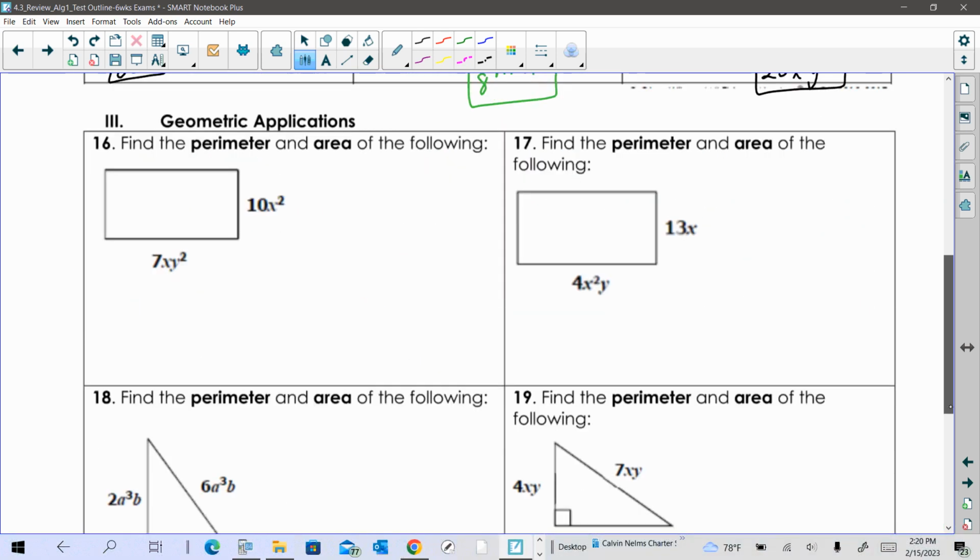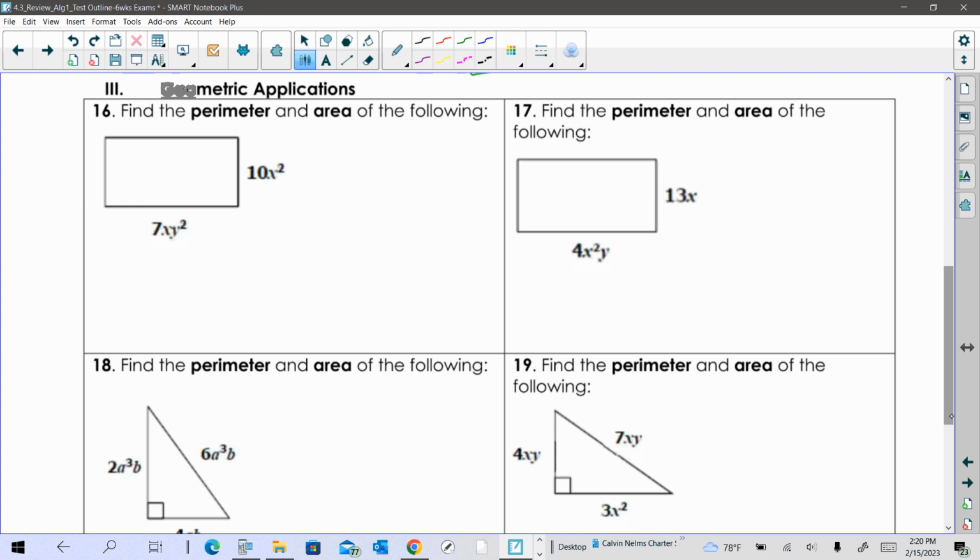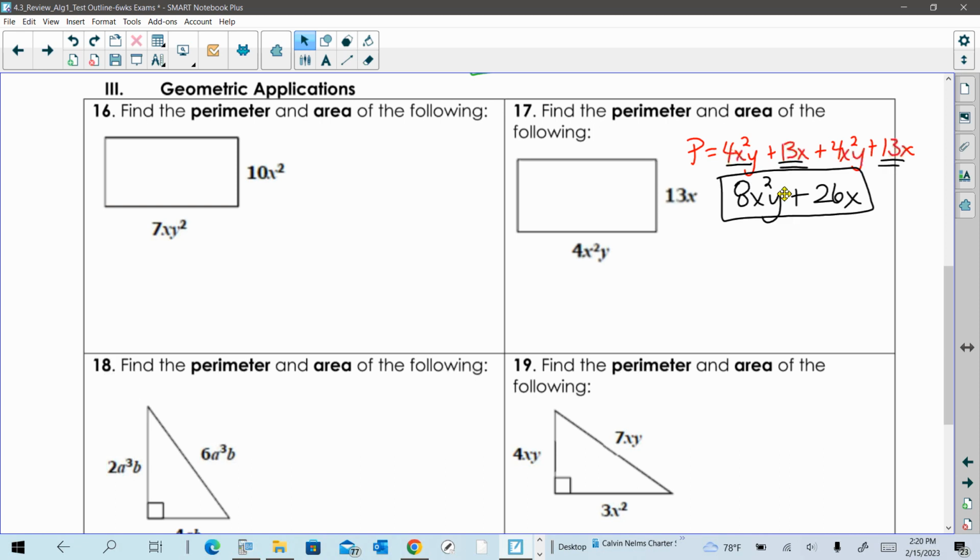All right, so just to review what we did in class today, we talked about how you will have one geometric, maybe two, applications. Perimeter is when we add up all the sides, we go around. So if I was looking at 17, the perimeter of the rectangle would be adding all four sides. So you might have to repeat the sides and then combine your like terms.